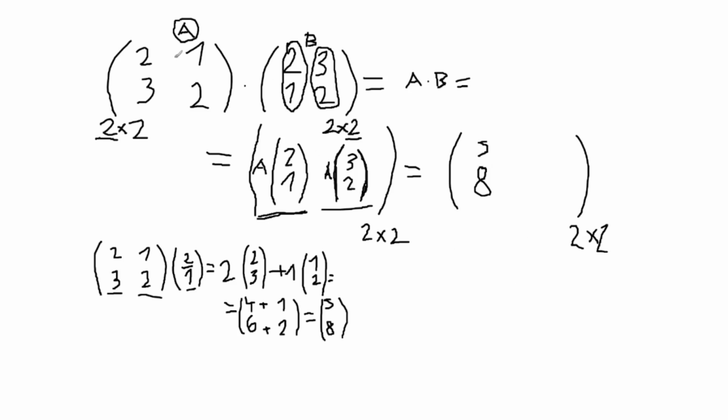So 3, 2, and take a linear combination of A by that. So 3 times 2 and 2 times 1 will be in the first entry of the vector, and in the second entry will be 3 times 3 and 2 times 2. Well, that will get 13 right here, and it will give 8 right here.